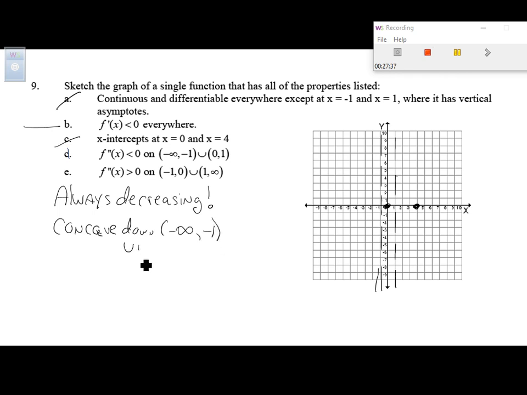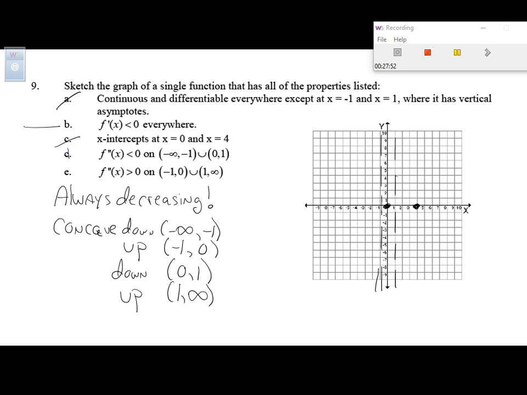And then I'm going to be concave up. So I'm going to hold water from -1 to 0. Then I'm going to be back down to concave down from 0 to 1. And then back to concave up from 1 to infinity. So I just put it in order for us.